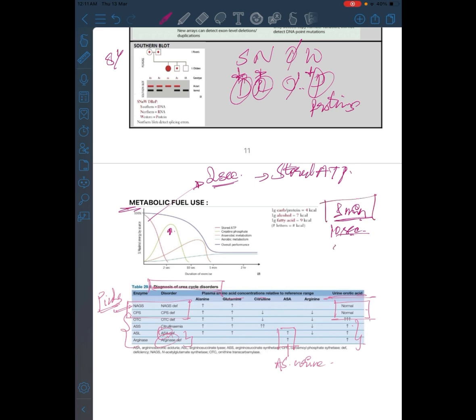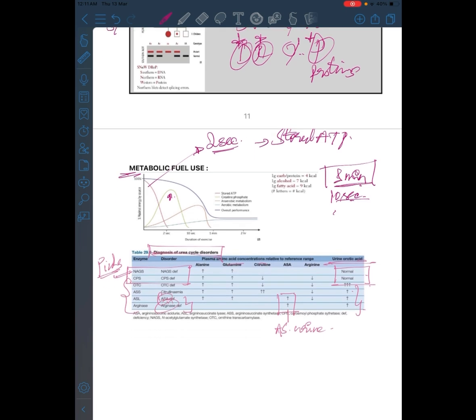Now say if you are running for more than 2 hours, a marathon or something, what will happen? After the initial 1 minute cycle where anaerobic metabolism tries to provide you with energy, you will be exhausted and then aerobic metabolism takes over. So remember these metabolic fuel usages during exercise.